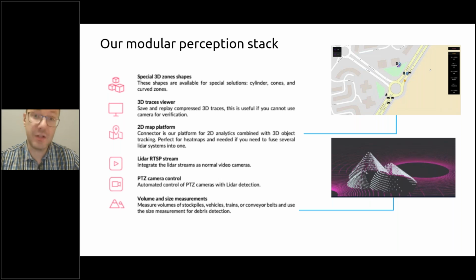Another module in our perception stack is the LiDAR RTSP stream, and this is used quite frequently in security scenarios, where the user, for example a security guard, is more familiar with traditional video stream information, but there is a place where they cannot install cameras.